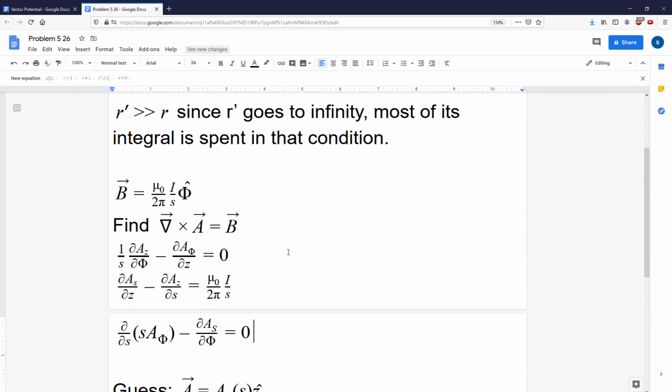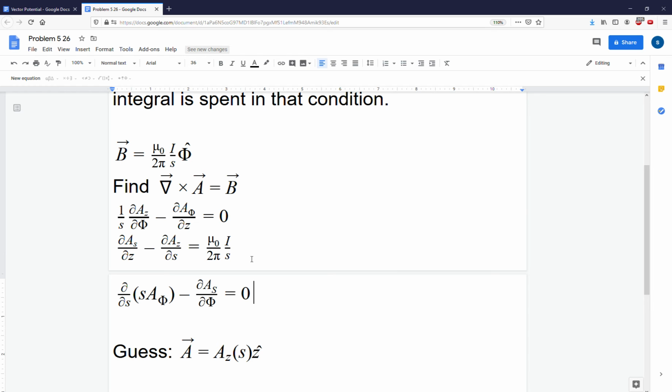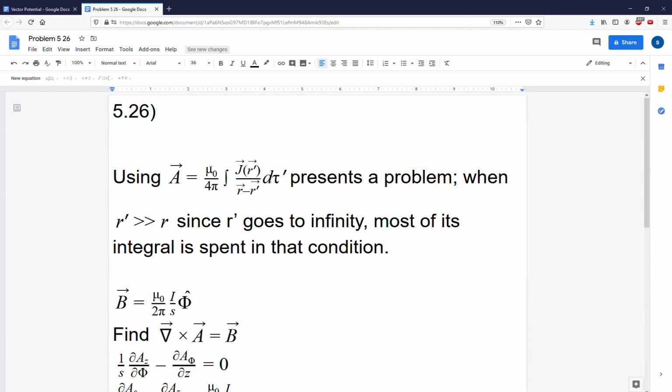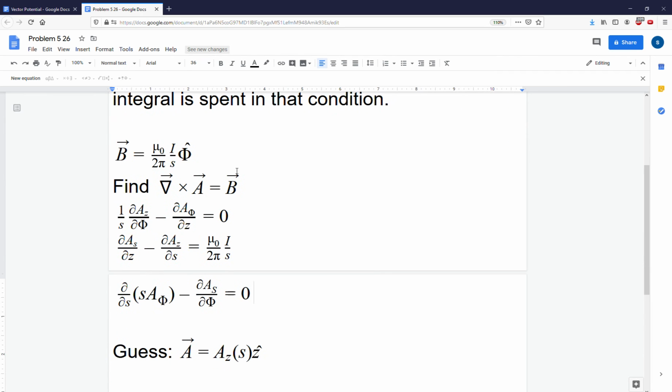Now, I am going to make a guess. And that guess is, because the Coulomb potential always suggests that the vector potential goes in the same direction as J, and because J goes in the z direction, I'm going to guess that the vector potential goes in the z direction. So A will have a z component.